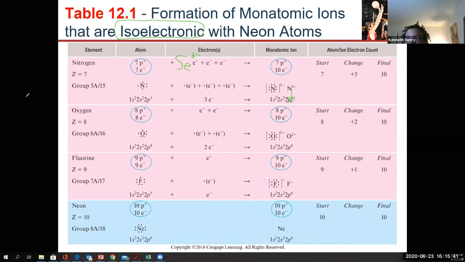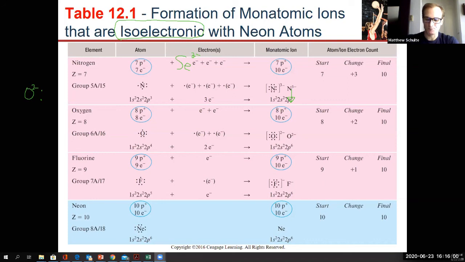So if we have O2 minus, what is the electron configuration of O2 minus? Come on, you just did this yesterday. You can't forget electron configuration.